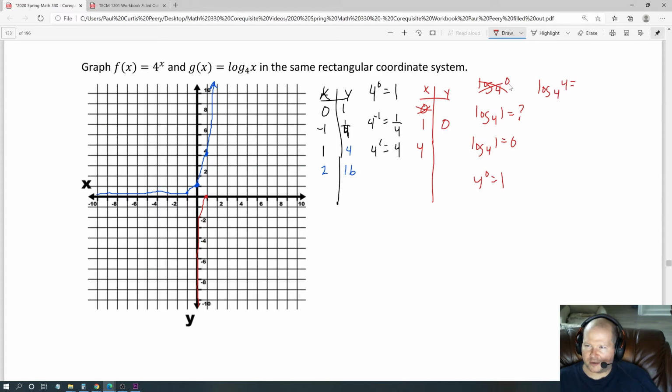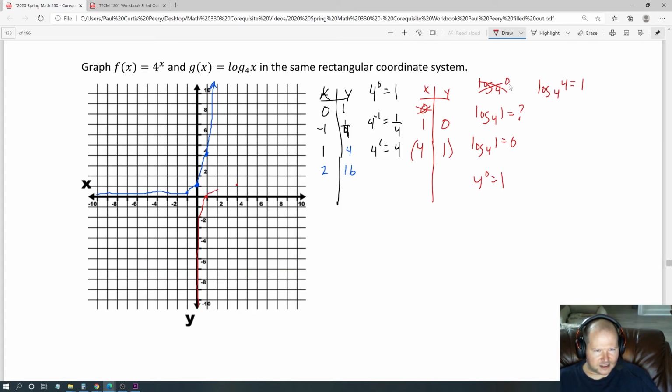So 4 to what power is 4? 4 to the first power is 4. So when we plug in a 4, we get a 1. So 4, 1. That's my point right there.